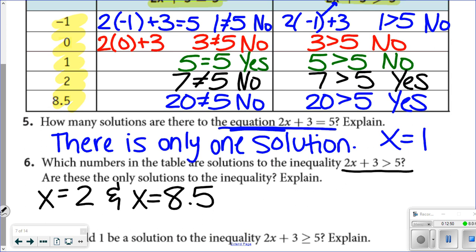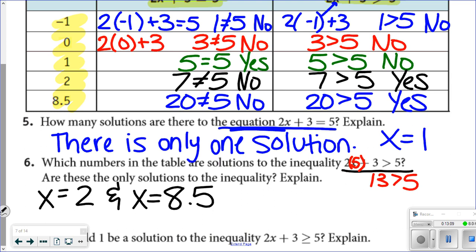Well, let's try to plug in 5. 2 times 5 is 10 plus 3 is 13. 13 is greater than 5. Yes, so that works. So x equals 5 is an answer.